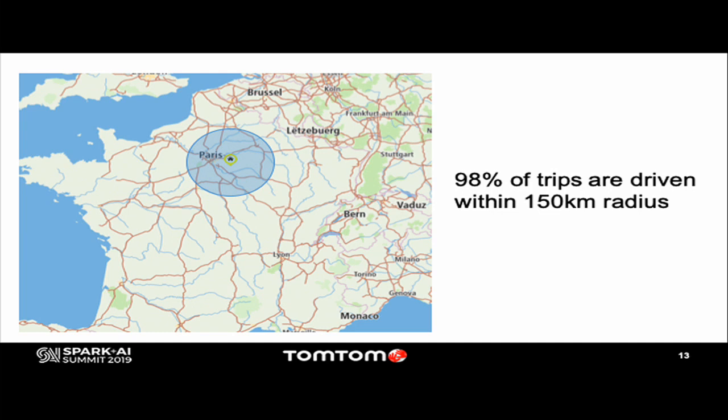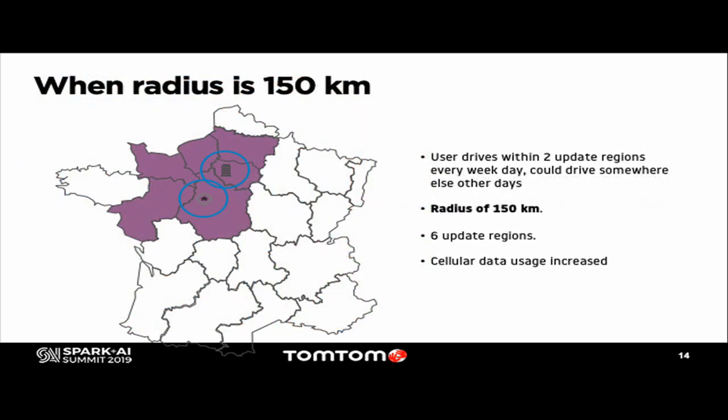It turns out that 98% of the trips of a given user are within a radius of 150 kilometers from the most frequently visited points. So why not combine this fact with the previous map and download the regions that are within this certain radius? This is how it looks, an example.